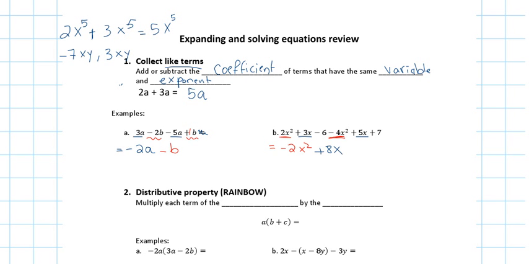And then the negative 6 plus 7, right? These are your constants, okay? You can add them together, so that gives you plus 1. Am I done? Yes, because I don't have any more like terms to collect, okay?